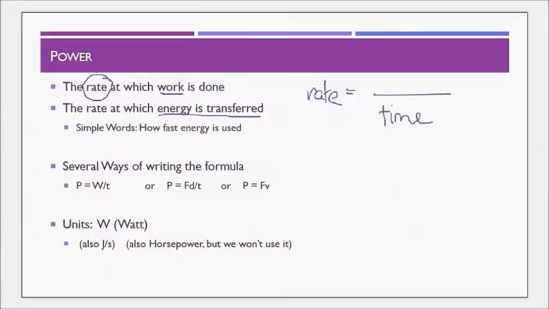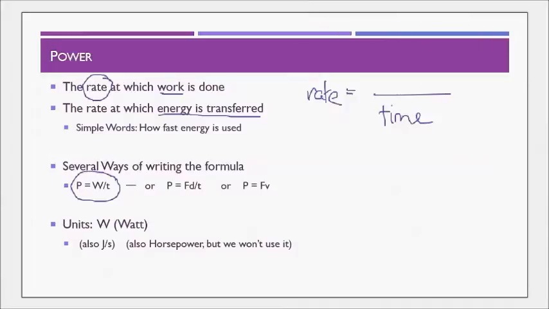The other one was acceleration, which is the change in velocity divided by time. So power, by our definition, is the amount of work we do divided by time, or the amount of energy we use divided by time.